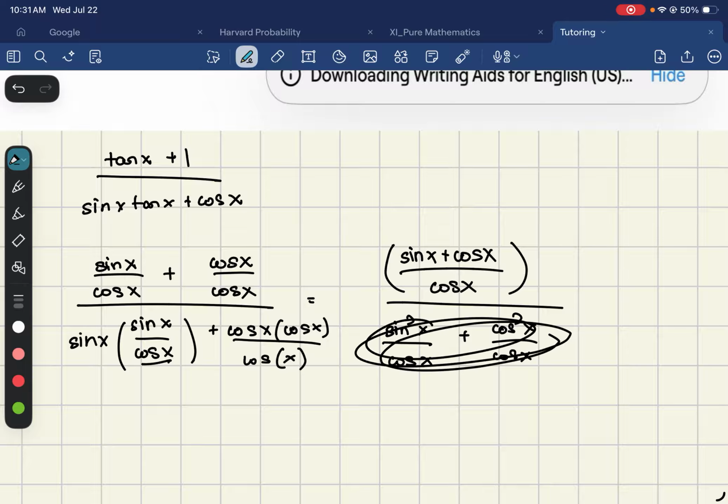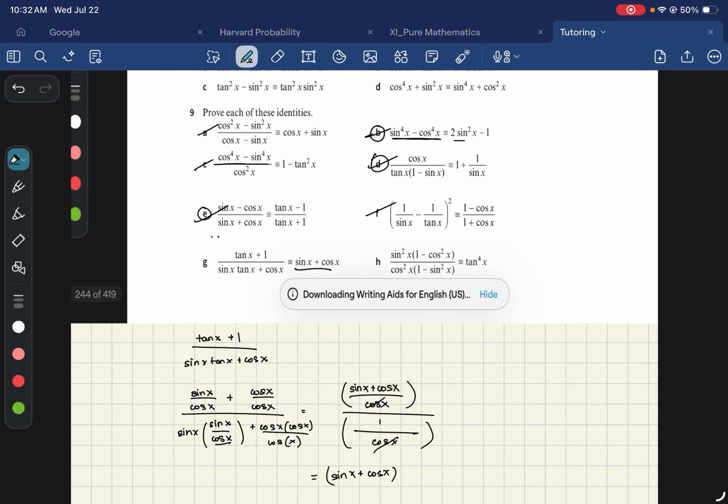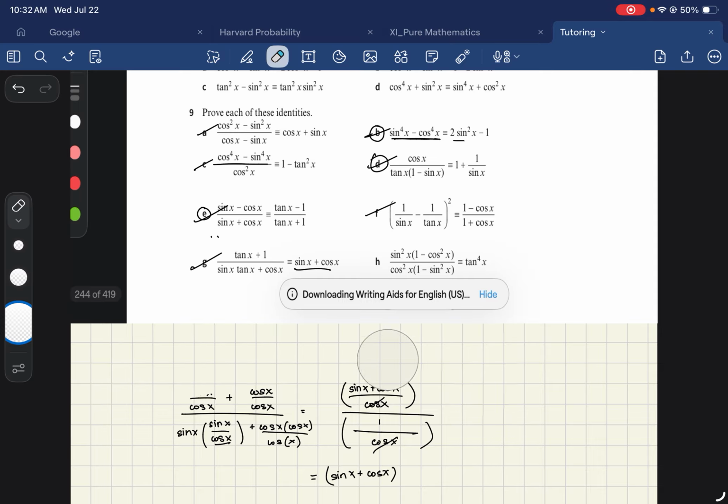And if you put everything together, you will just have sine squared x plus cos squared x divided by cos x. That is going to be your denominator. Now sine squared x plus cos squared x, that is 1. And this cos x and this cos x will actually cancel out. So eventually, you are only left with sine x plus cos x. And that is the solution for G.